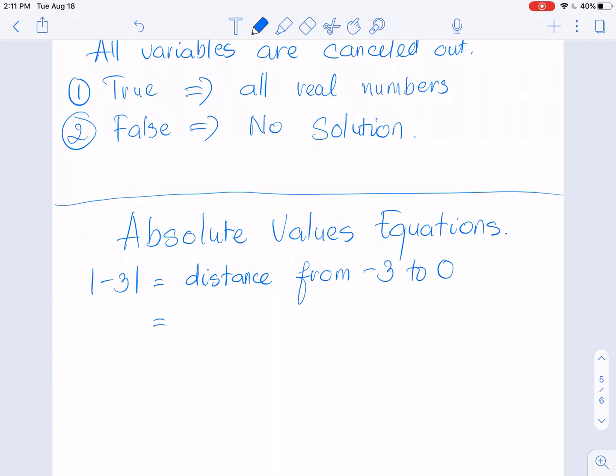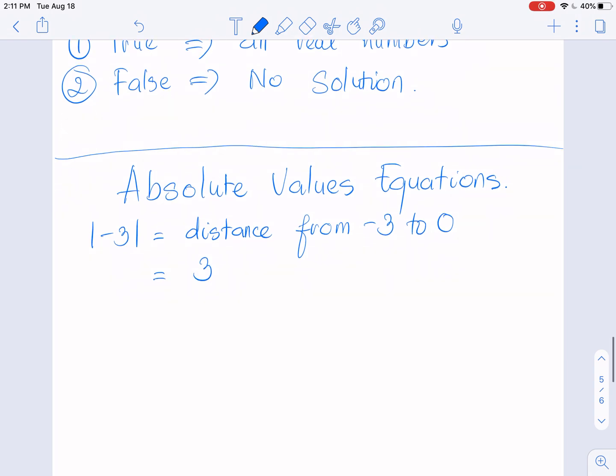So in that case, it's 3, right? Therefore, if I ask you what is the absolute value of +3, it is the distance from 3 to 0 on the number line, which is also 3.